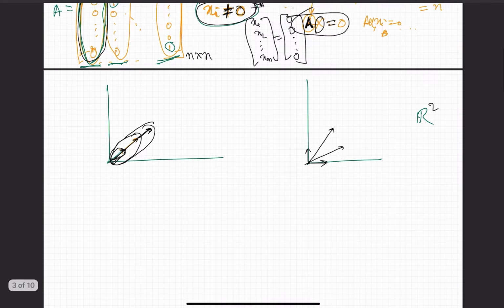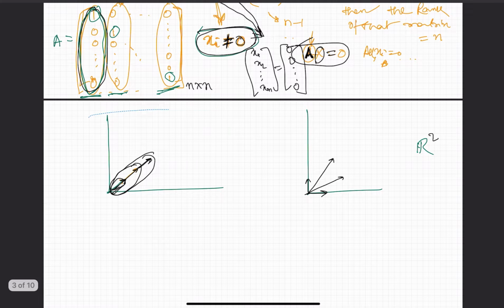Now we will try to understand it with an example.